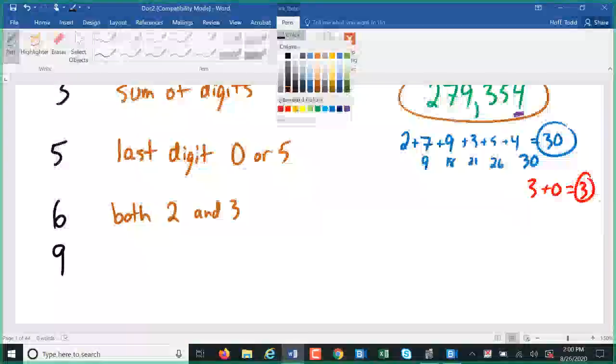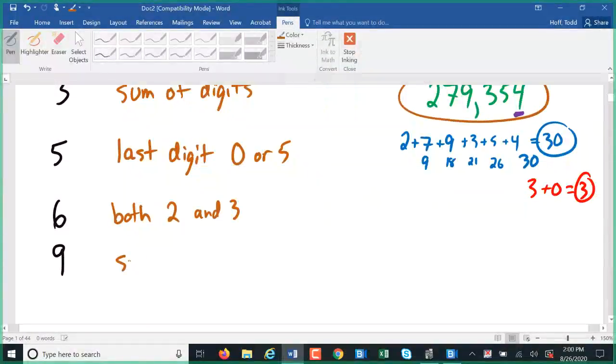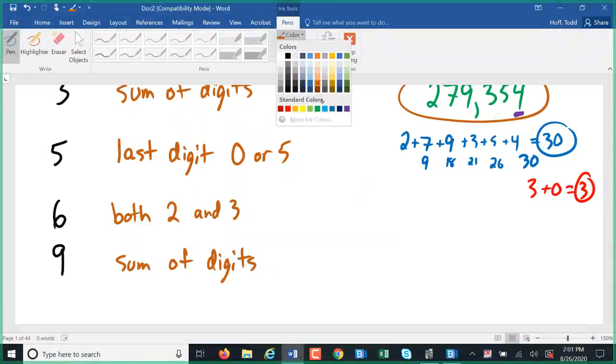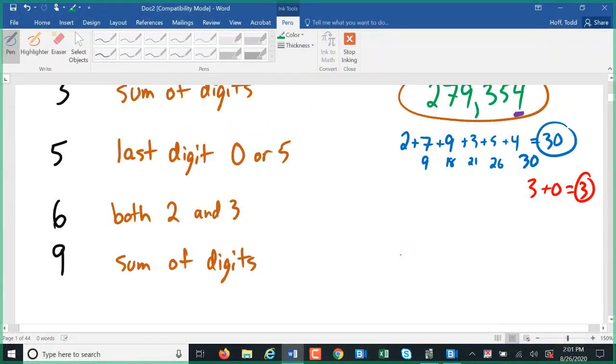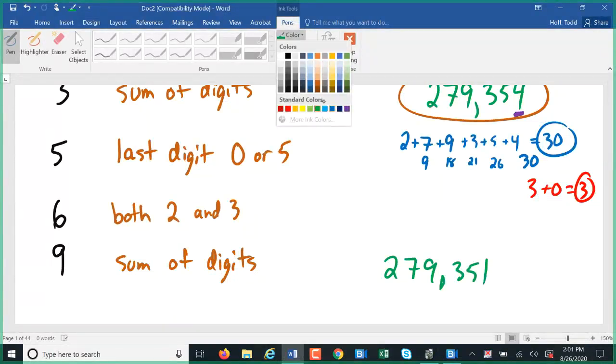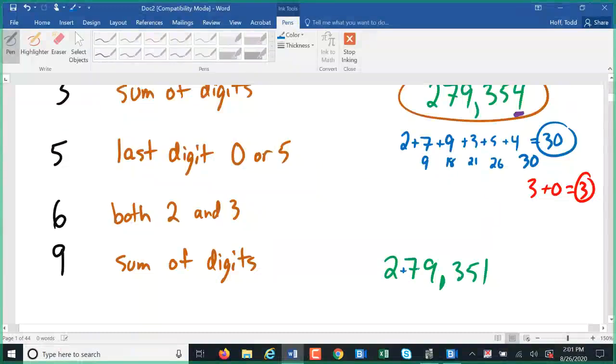9 is the sum of the digits again. Only here, they don't have to add up to something divisible by 3, they have to add up to something divisible by 9. So if I have a number like 279,351, if I add up those digits, 2 plus 7 is 9, plus 9 is 18, plus 3 is 21, plus 5 is 26, plus 1 is 27.